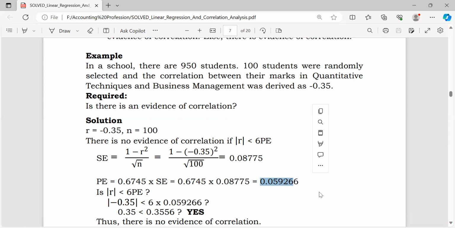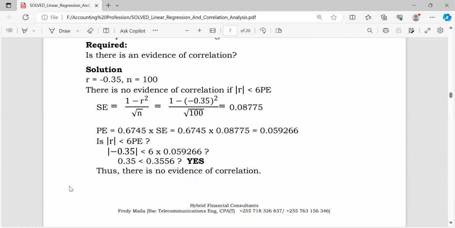0.059266, right? After having that probable error, we make this comparison. We compare the error in magnitude, in absolute value, against 6 times the probable error. So we ask ourselves, is the magnitude of the correlation less than 6 PE?